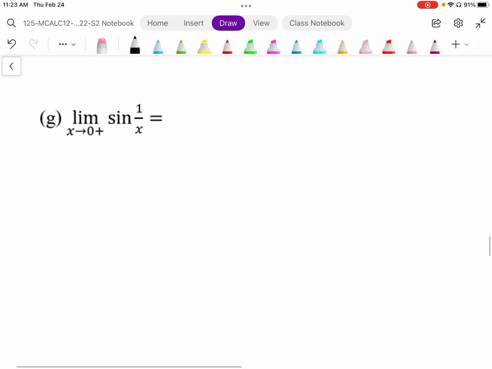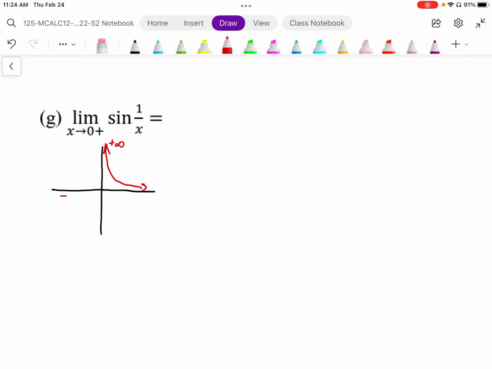For G, we have the limit as x approaches 0 from the positive side of sine of 1 over x. Well, if we take a look at 1 over x, the 1 over x function looks like this. And from the positive side of 0, it's approaching positive infinity.